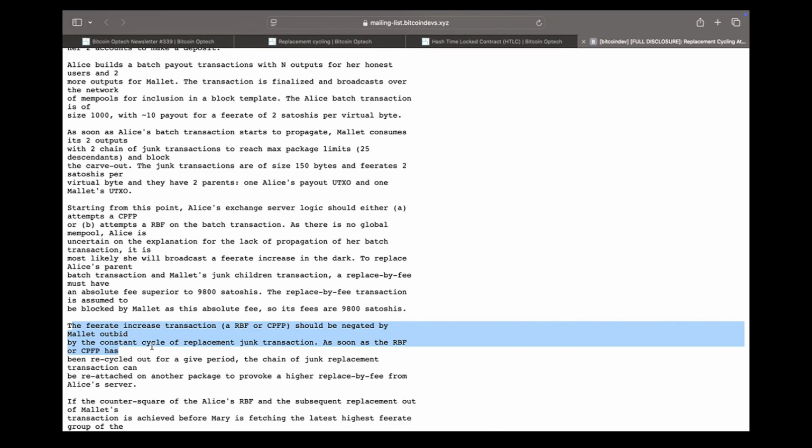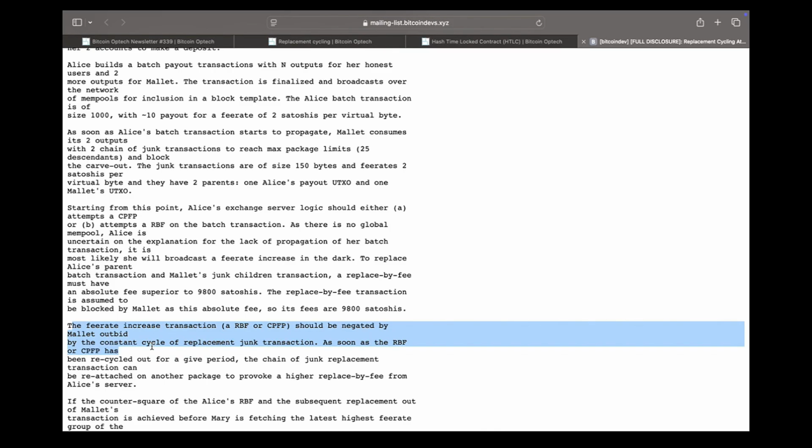So if Mary ends up mining Alice's batch payment, then Mary gets a low fee because Mary is a home miner and her block template is not getting refreshed very frequently, due to which she has an older version of Alice's batch payment. And if Mallet somehow manages to mine Alice's batch payment, then Mallet will mine it with a higher fee. Why?